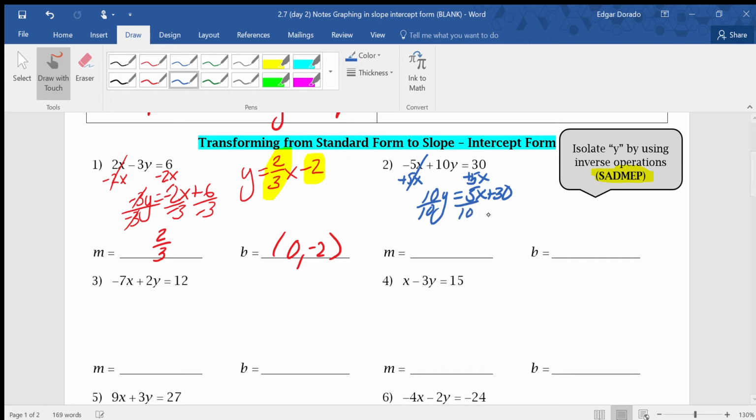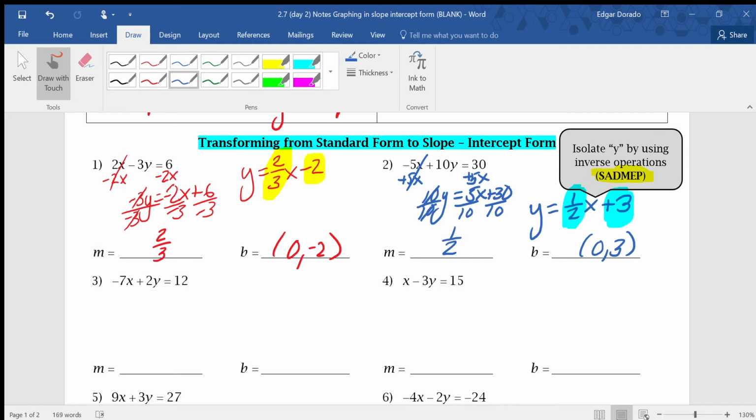So divide everything by 10. What do we get? We get y equals, see, 5 divided by 10 is 1/2. 30 divided by 10 is a positive 3. So once again, we have our slope and our y-intercept, so we can write them both down. We have a slope of 1/2 and a y-intercept of (0, 3).